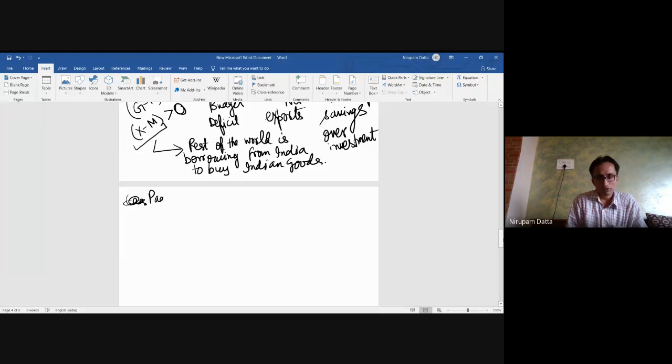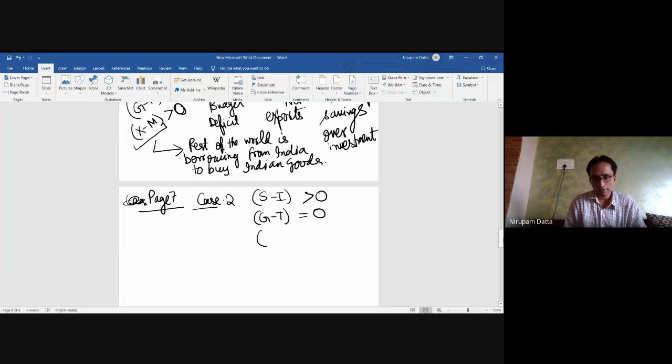We are on page 7. Case 2: S minus I is greater than 0, G minus T is equal to 0, that is, the budget is balanced. So obviously X minus M has to be greater than 0.